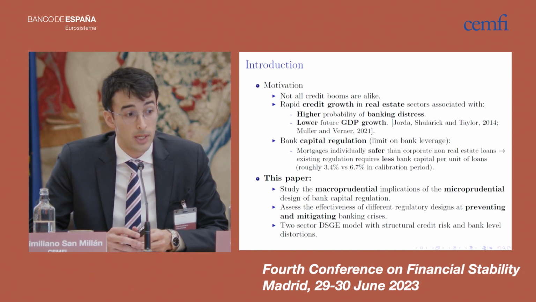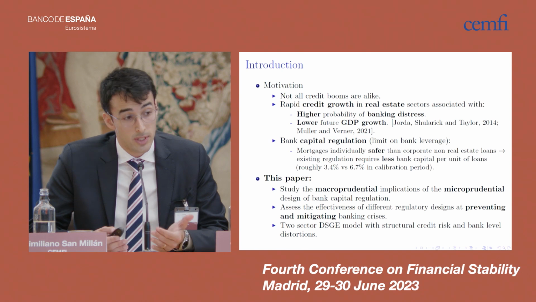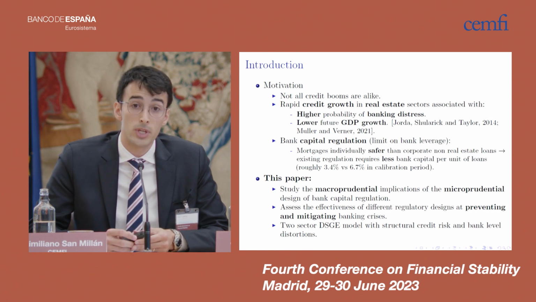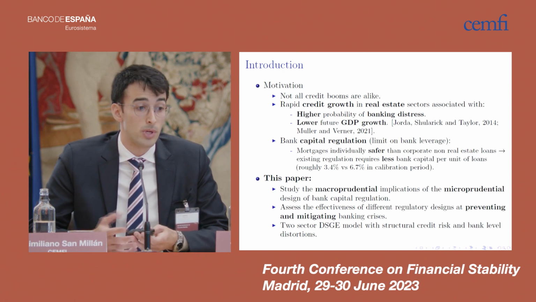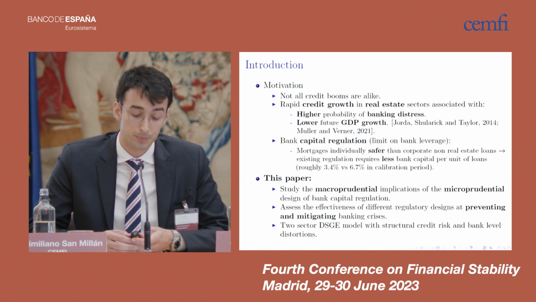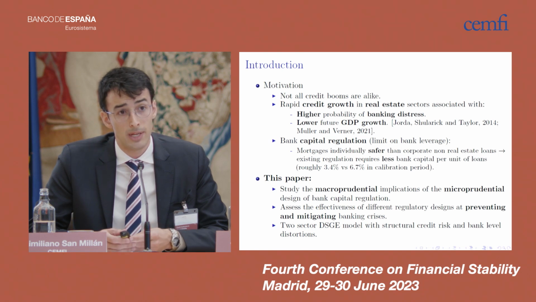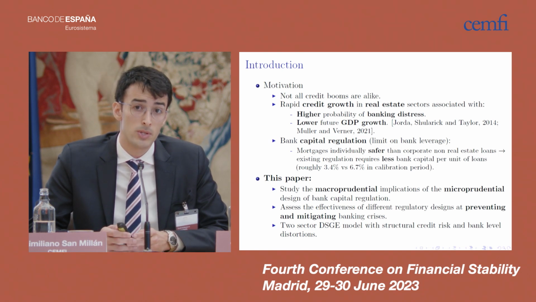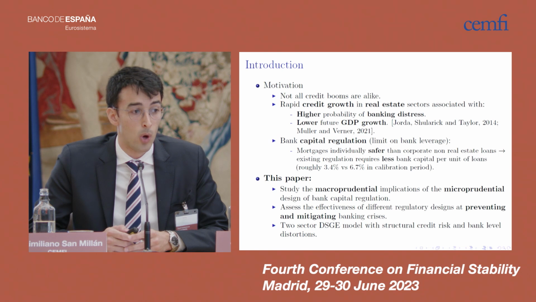Basically, the contribution is a quantitative one. I built a two-sector DSGE model with structural credit risk, where bank-level distortions, namely the presence of limited liability and deposit insurance, are going to play a role.